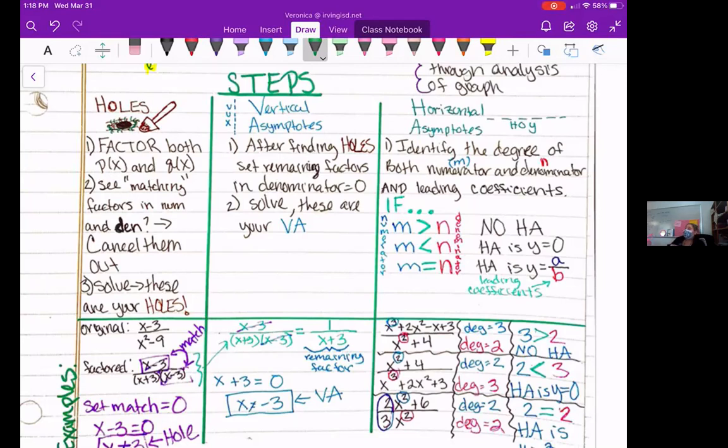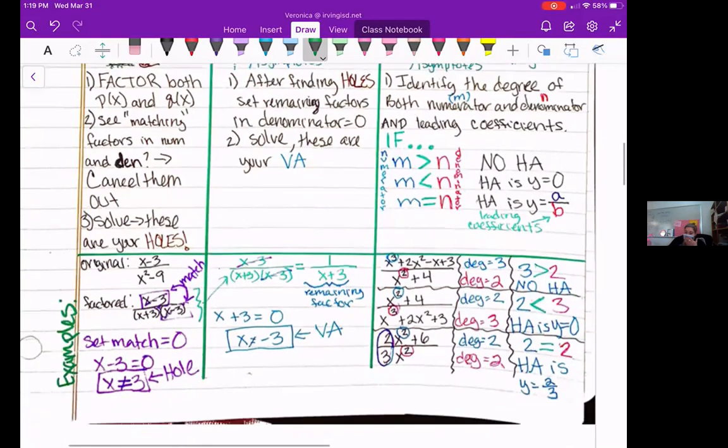This is how I remembered what holes were when I was in high school. If I canceled it out, that means that I am removing this from the rational function the way you remove dirt from the ground. So it is a hole. You're missing that now, okay? So how do we know we have a hole? Because you were going to physically remove something, and I will show you what that looks like, okay?